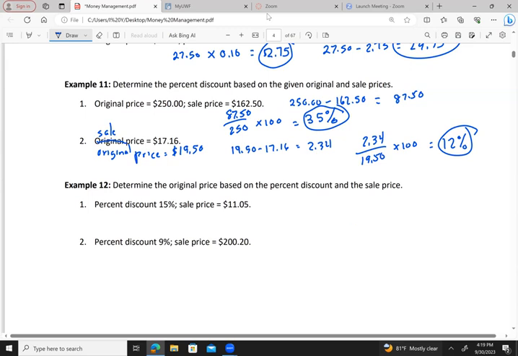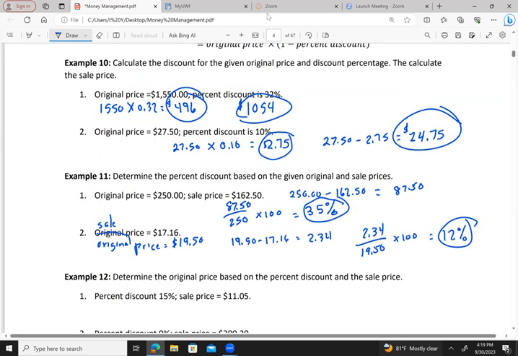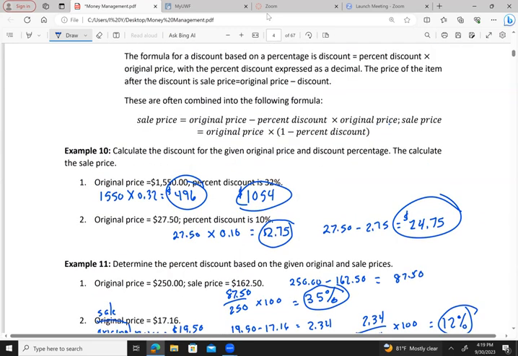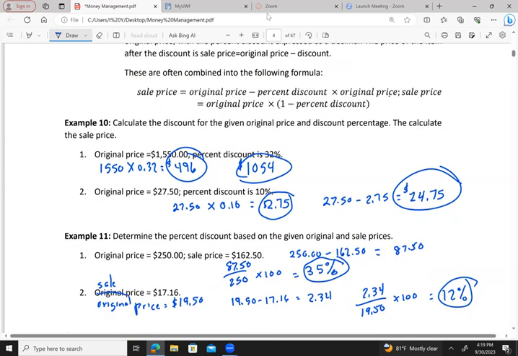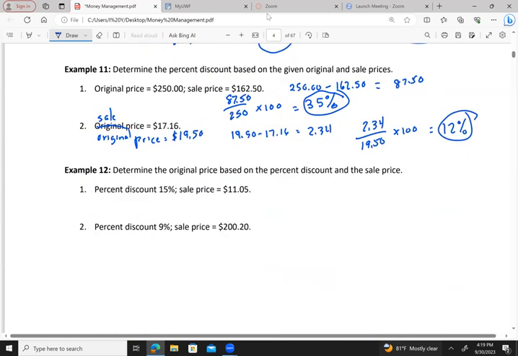So let's go back to our formula. We have original price times 1 minus percent discount equals the sale price.